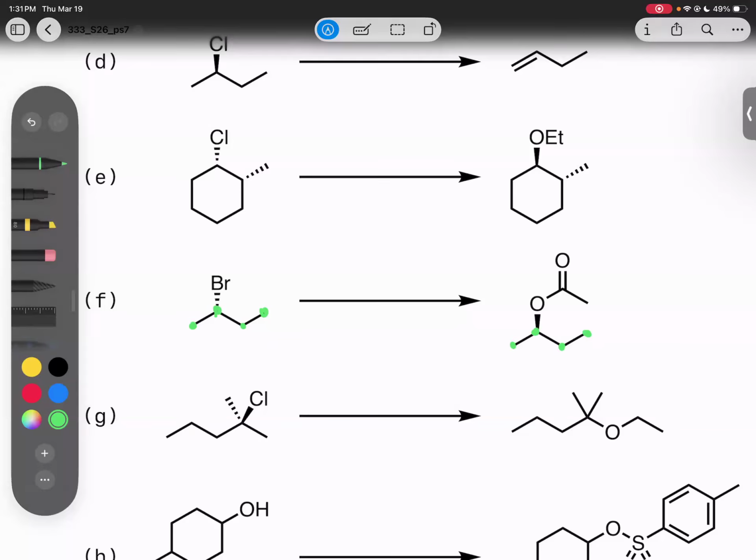So those are the carbons from the starting material, right? We had a bromine that was going backwards, okay? That has been replaced with an oxygen coming forwards, all right? What kind of reaction that we learned about does that?